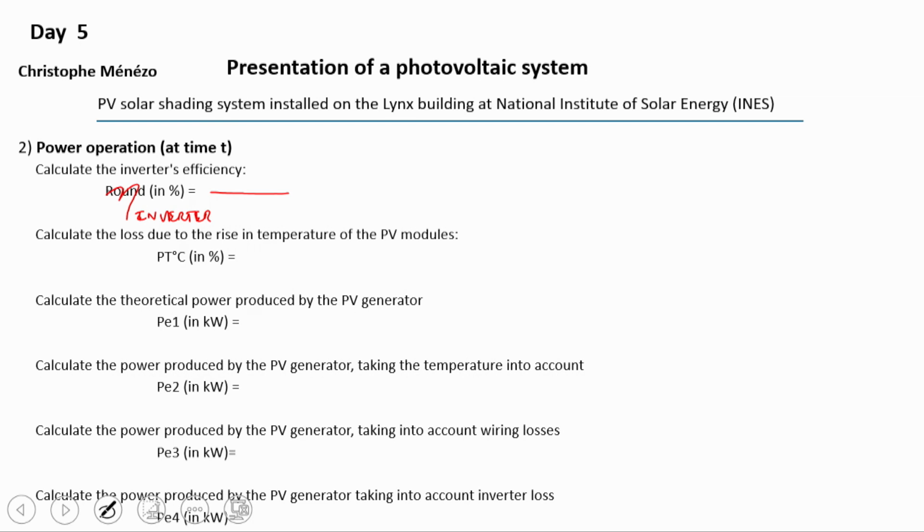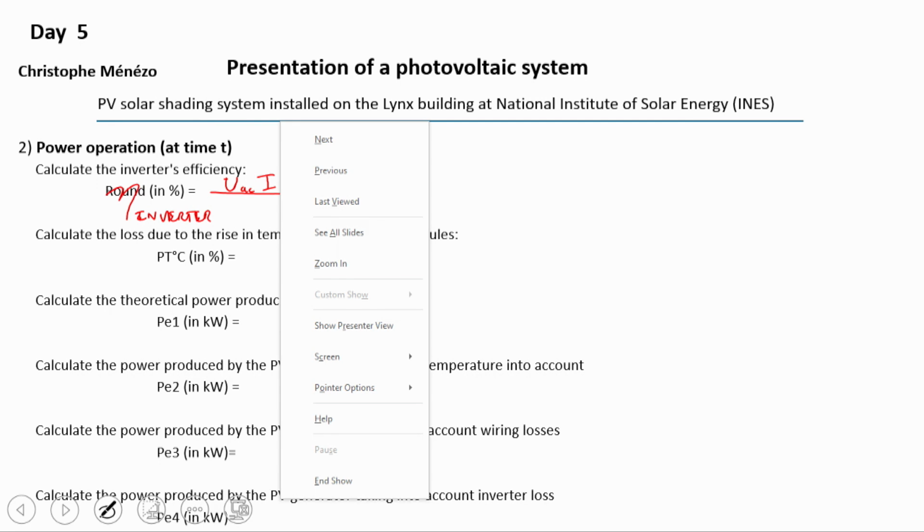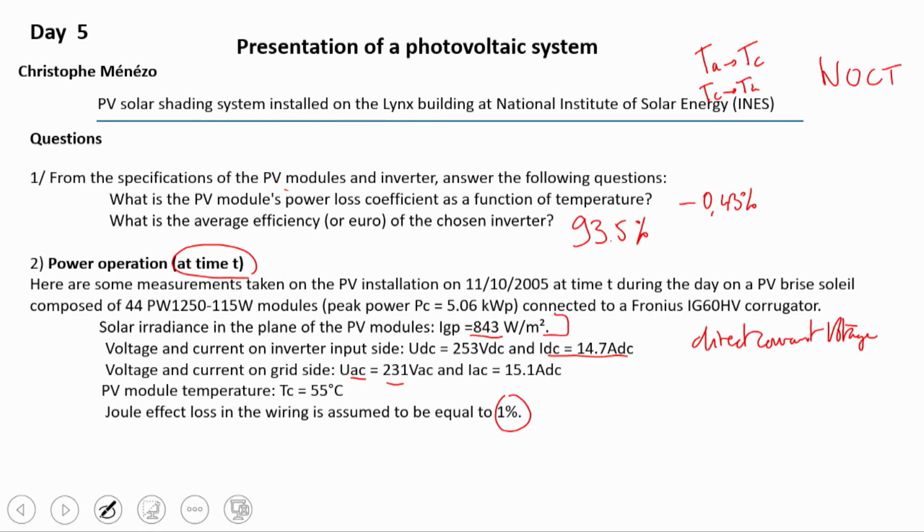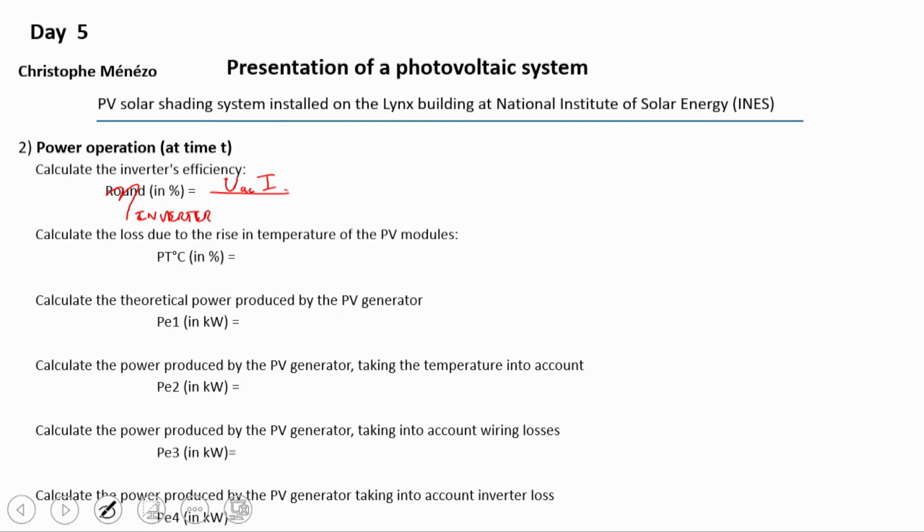You have the inverter, something is going in, something is going out, and you are losing in between. What is going out is U AC, I AC, alternative.